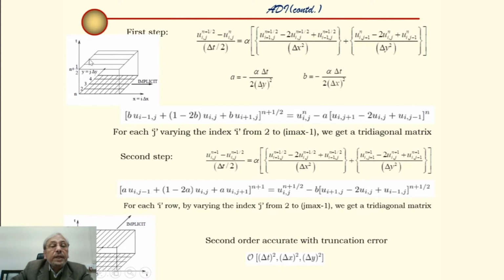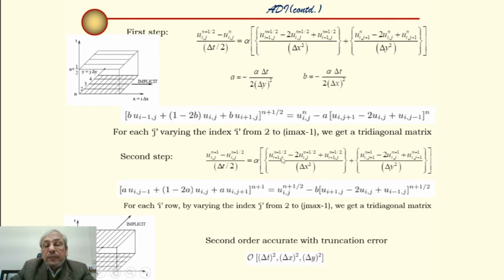Then we will go to j equal to 3, then we will go to j equal to 4, and this way we will complete all the j points. This is called j sweep. Now in the subsequent second step, we will write uij at n plus 1 minus uij at n plus half divided by delta t by 2 equal to alpha.